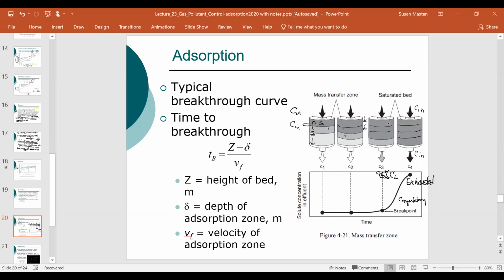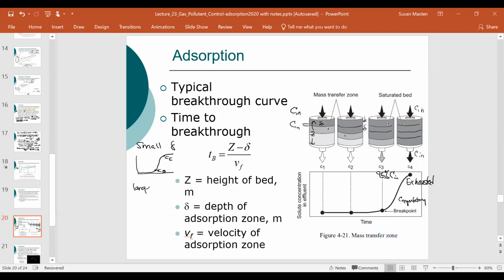Another thing to recognize is that if we have a small delta, we typically will see a very sharp breakthrough curve. So this is our C breakthrough, this would be C exhaustion. This is a small delta, a small depth of adsorption zone.